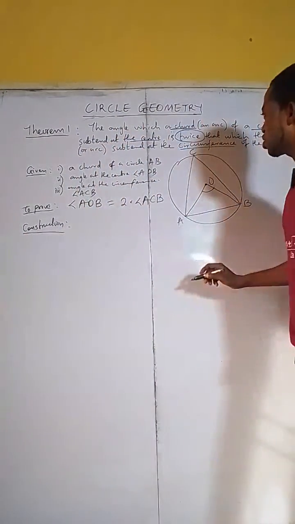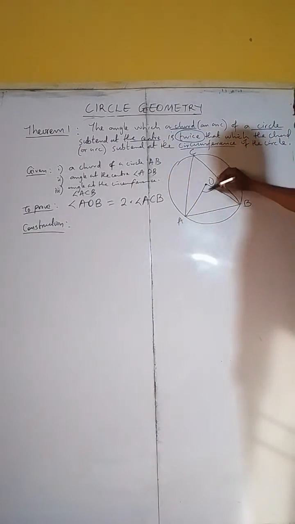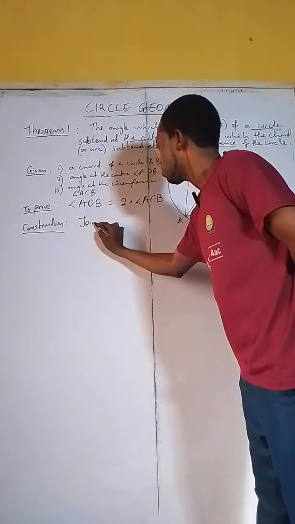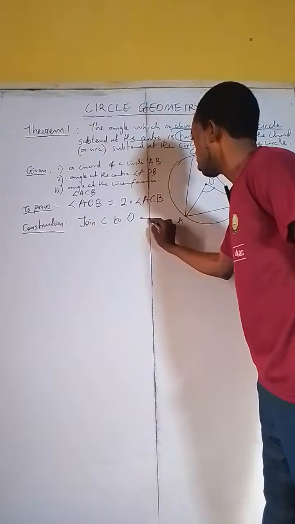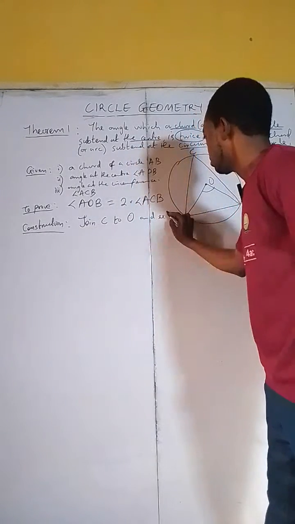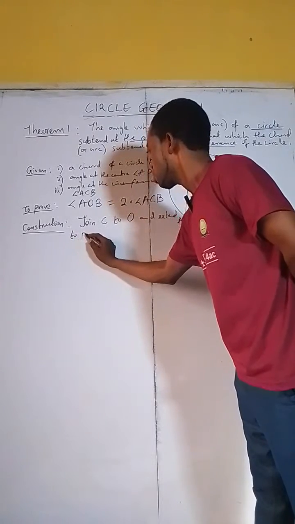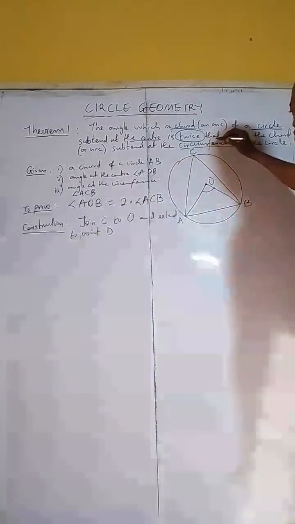We need to make a construction here. What we need to do is join point C to point O and extend it to an external point, let's say D. We can show it from the diagram here.